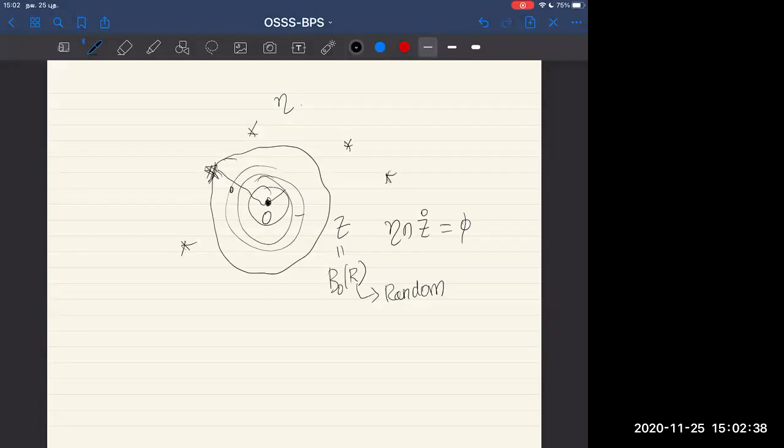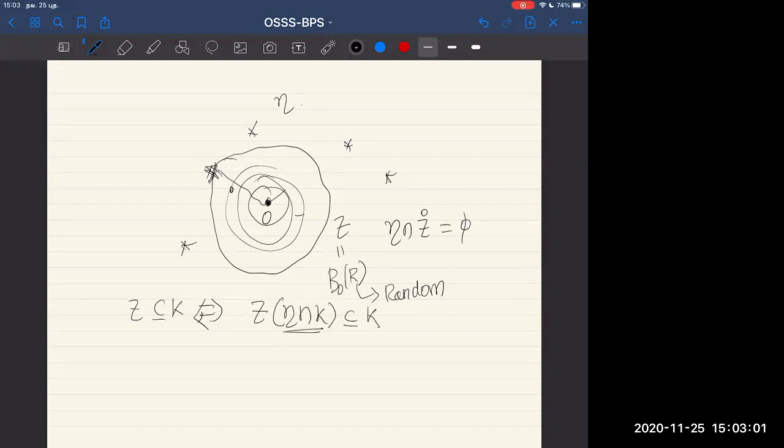And I need to know only what is there inside. If you want to know whether Z is inside K, this is equivalent to the following.